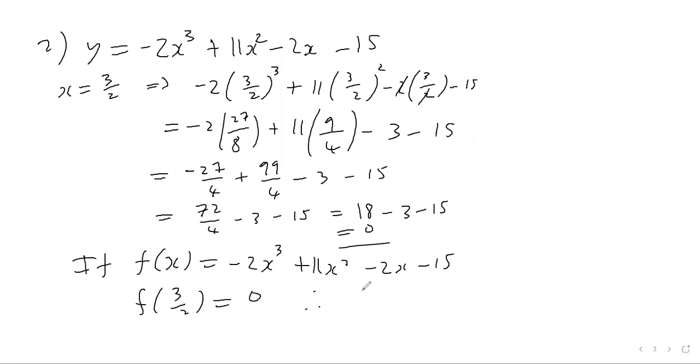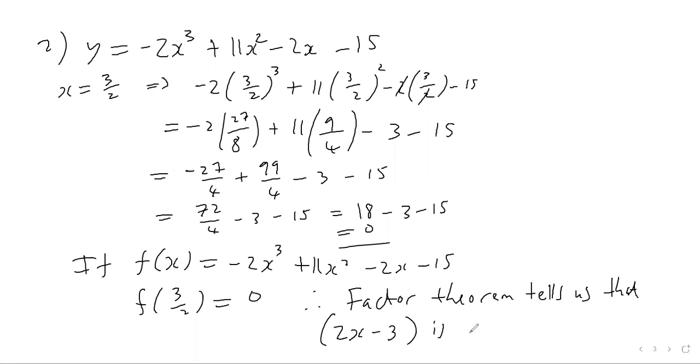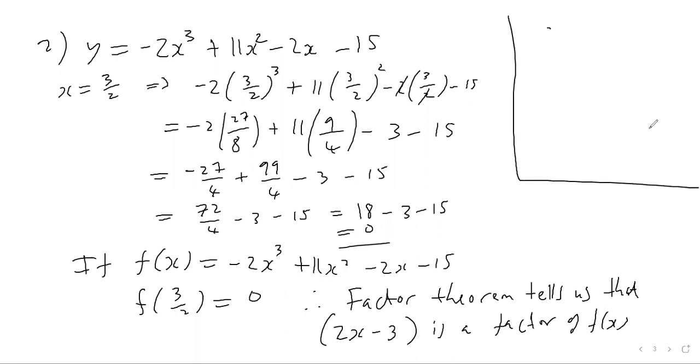So therefore we can use the factor theorem. The factor theorem tells us that 2x minus 3 is a factor of f of x. So remember, the factor theorem tells us that, I'll just do it up here in a box.